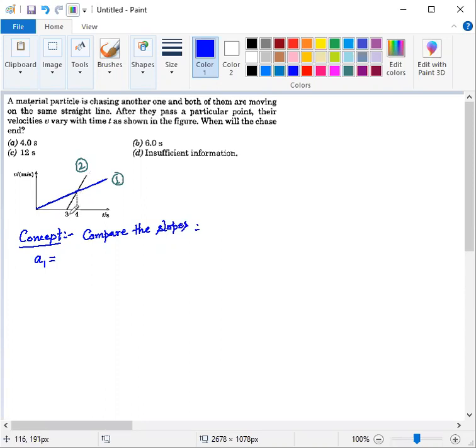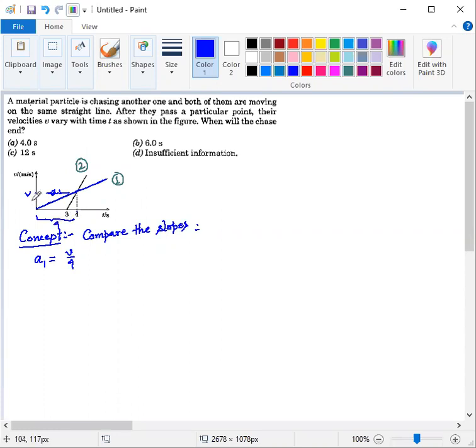Here a1 equals v divided by 4, because this is our velocity v, and the time up to this point is 4.